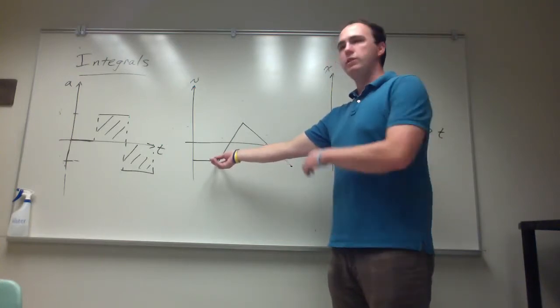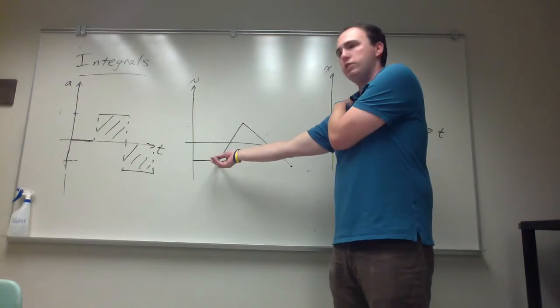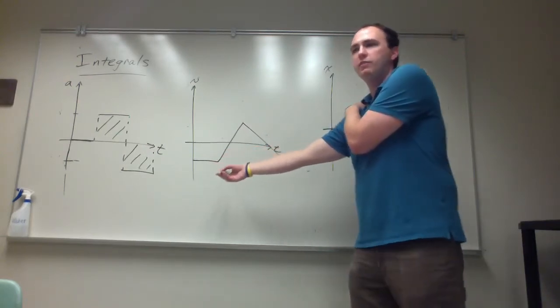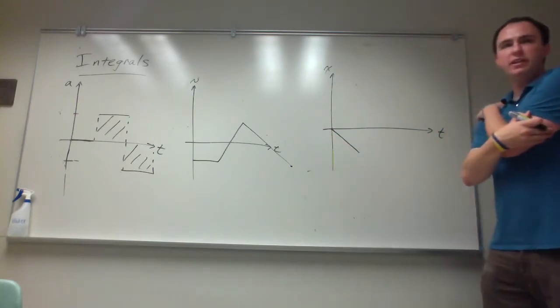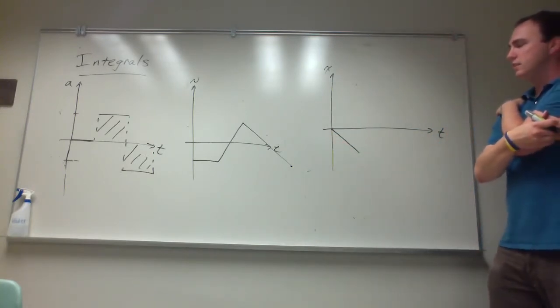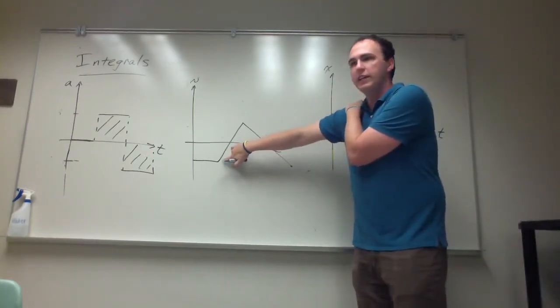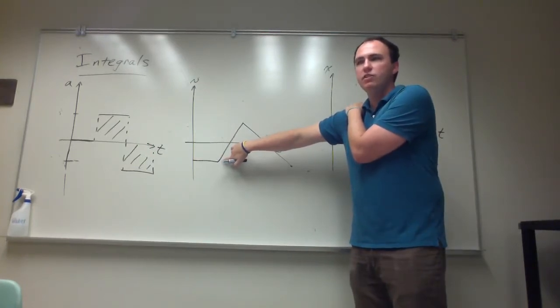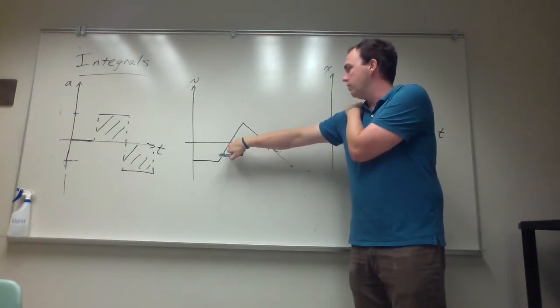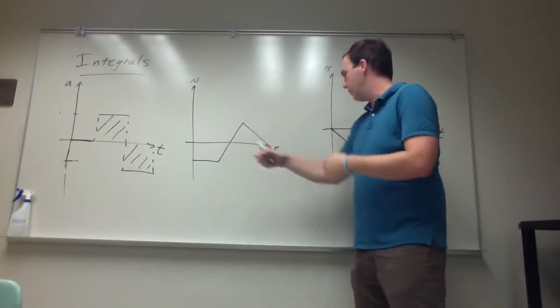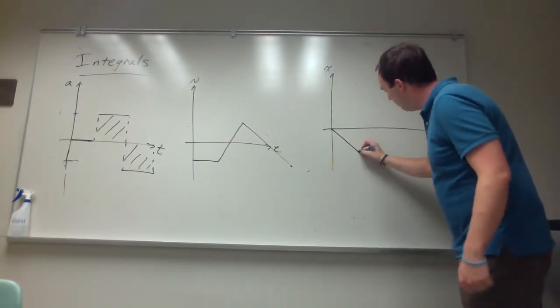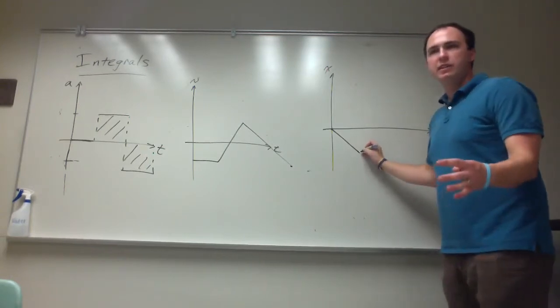Where do we turn? At what point on this graph do we turn around? I'm moving in the negative direction, right? The velocity here is still negative, so I'm still moving down. I turn around when the velocity equals 0. So this is still going to be decreasing, but now it's going to become a parabola.